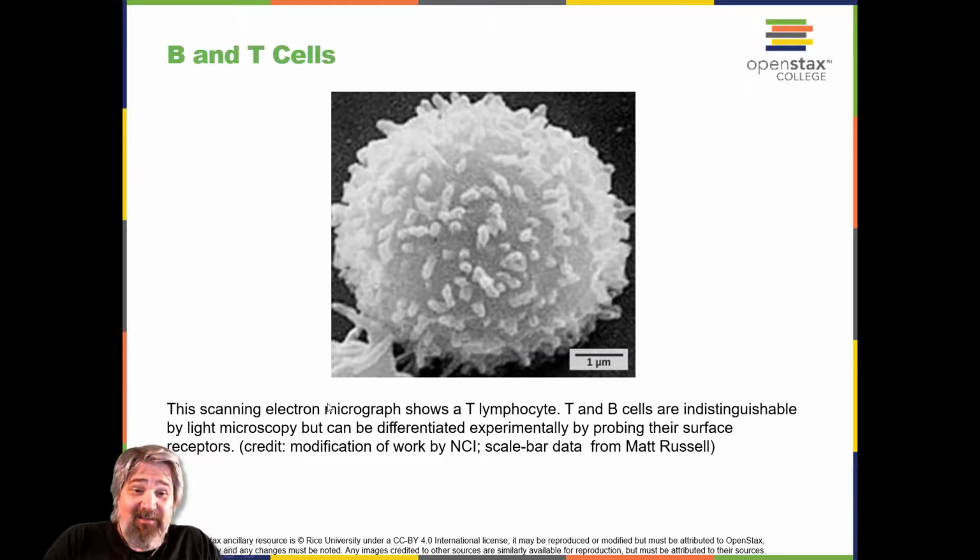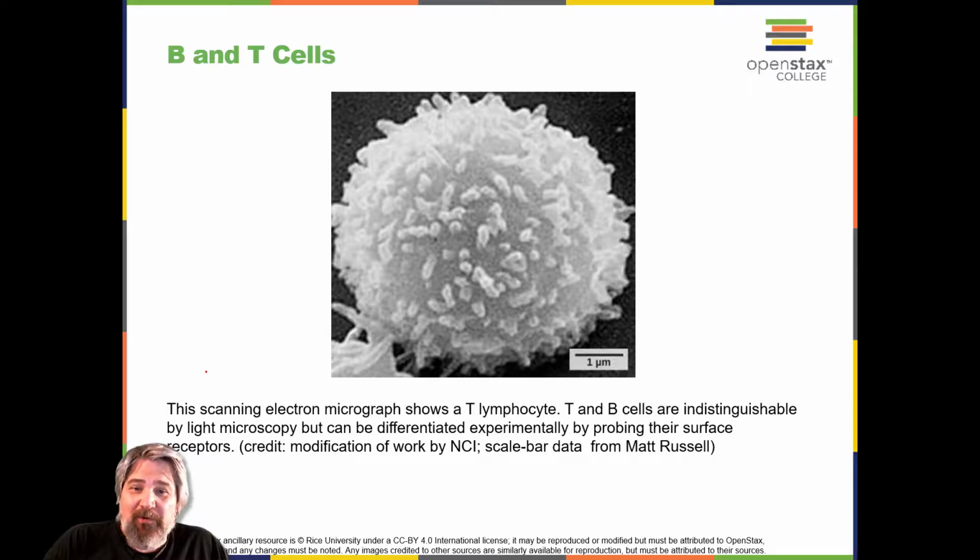B and T cells. So B cells mature in the bursa, and T cells mature in the thymus. Now, while they're maturing, they're supposed to be pruned out if they are recognizing your host cells, your own cells, self. And if the immune system works properly, that's what it'll do.